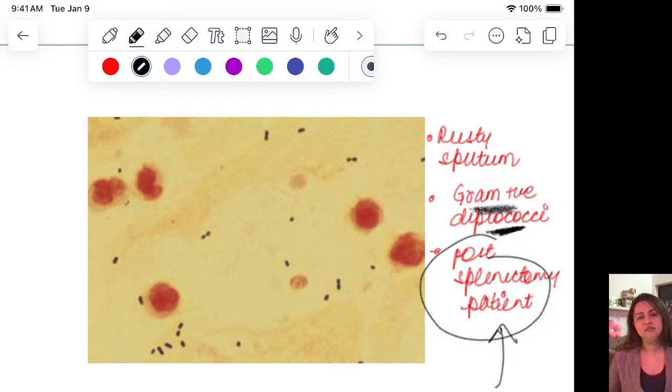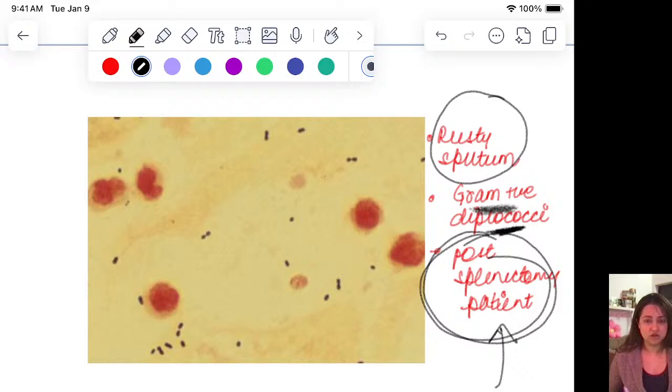Anyone? Even if you don't know this histological slide, you can answer this question easily, because the question is giving you very vital hints. Number 1 is rusty sputum. Number 2 is post-splenectomy patient.